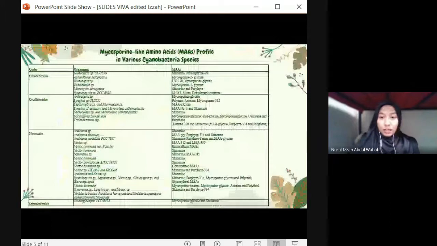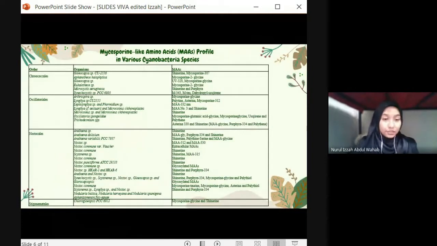Next is the MAAs profile from various species of cyanobacteria. Here, I attach the table that I have constructed showing all the types of MAA compounds extracted from 4 orders of cyanobacteria, which are Chroococcales, Oscillatoriales, Nostocales, and Stigonematales. From the table, it can be seen that there are multiple types of MAAs that were extracted from different cyanobacteria.